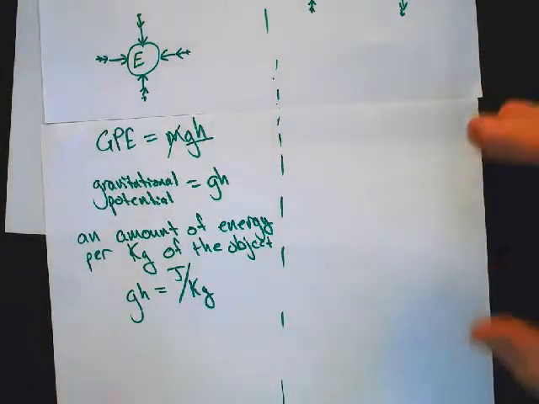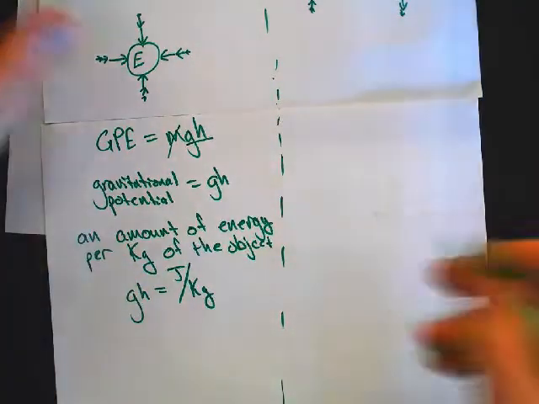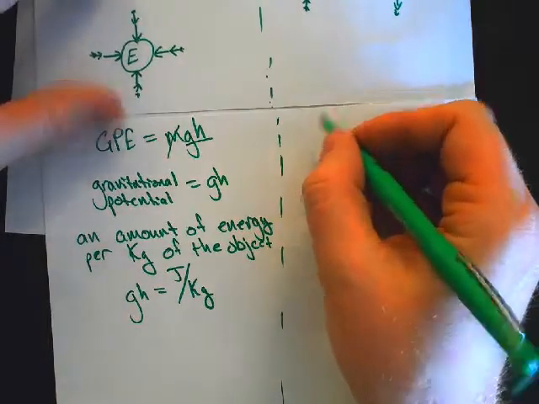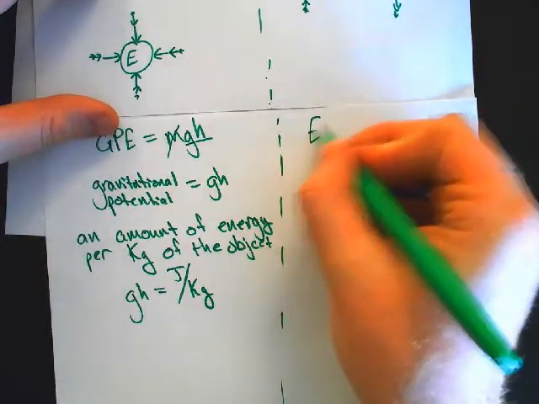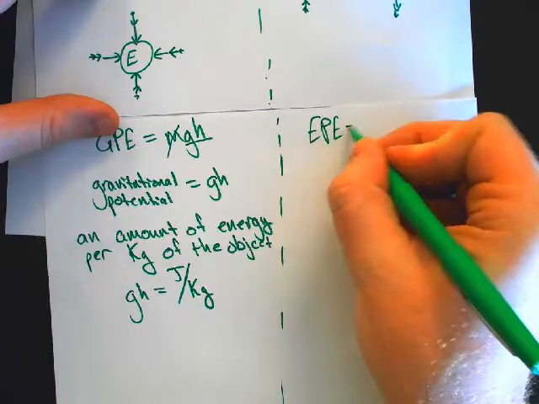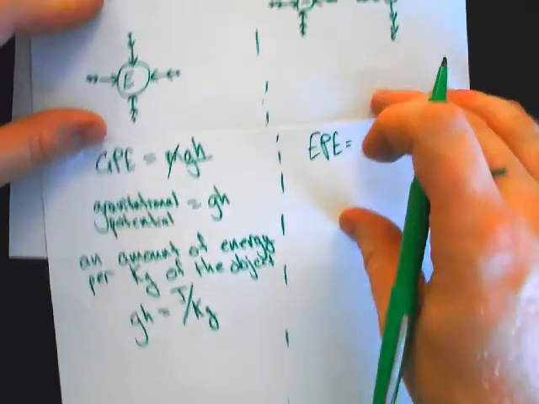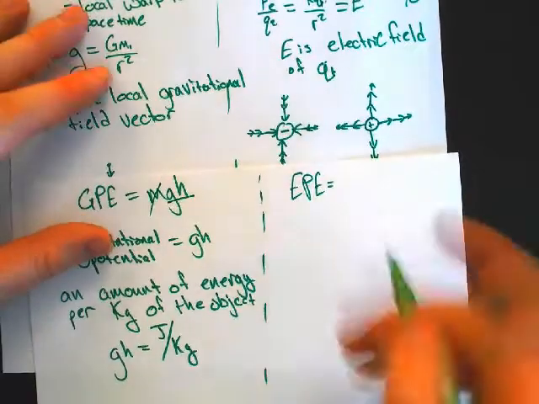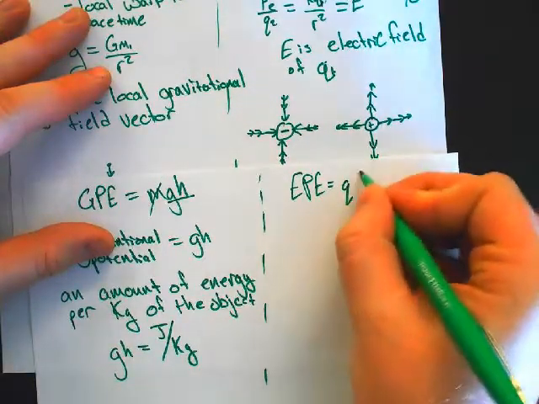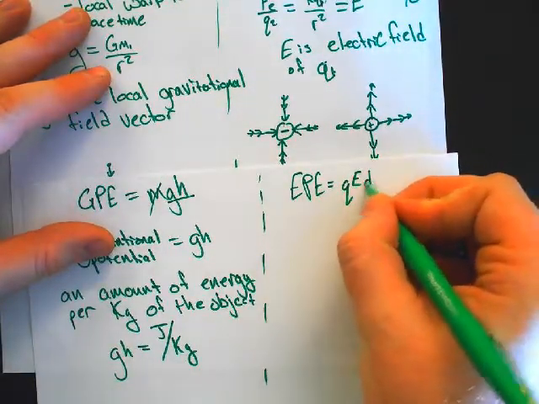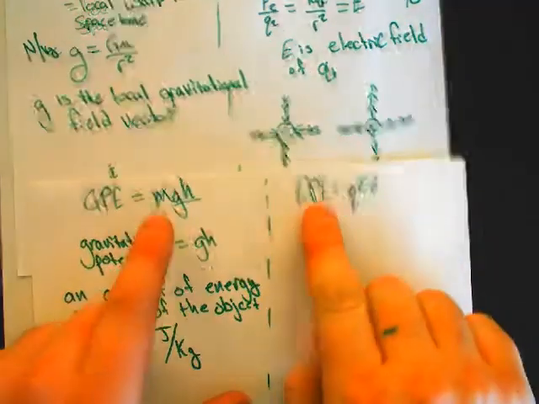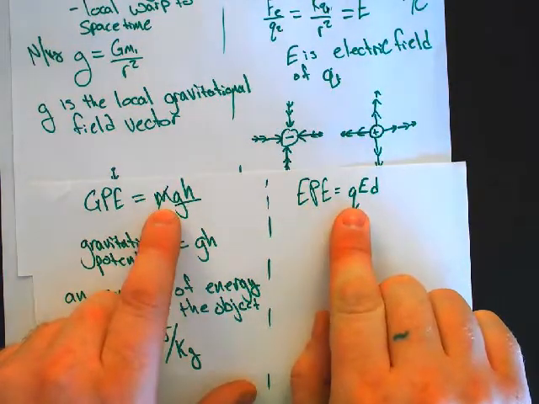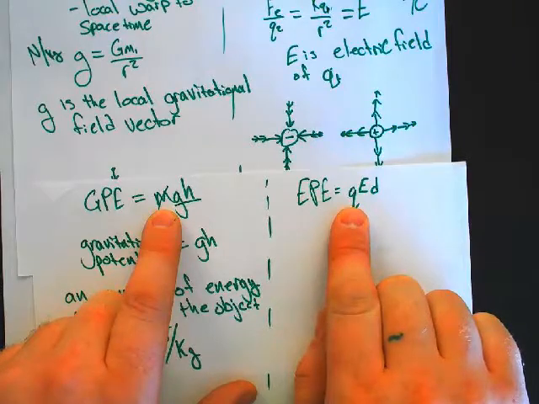In the same way, we can talk about energy. Electric potential energy, EPE, is going to be equal to QEd, where d is displacement. Now I want to draw that out. Q is basically the same as electric mass.